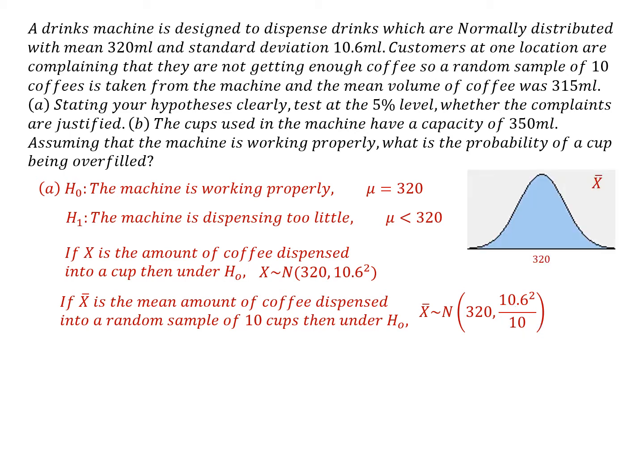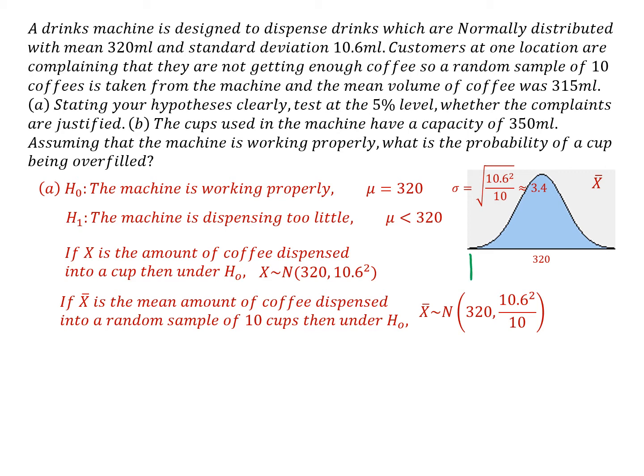So this gives us a little picture of the distribution of the sample mean. And it's got a mean of 320, the same as the mean of the overall population. But the standard deviation, as I said, is the square root of 10.6 squared over root 10, which is about 3.4.